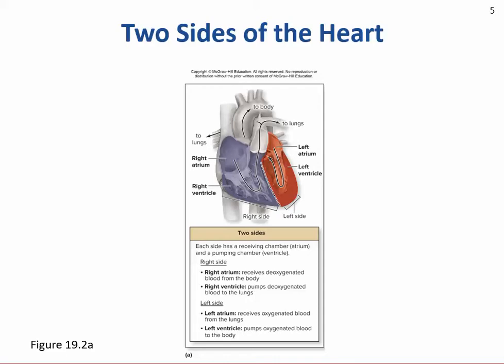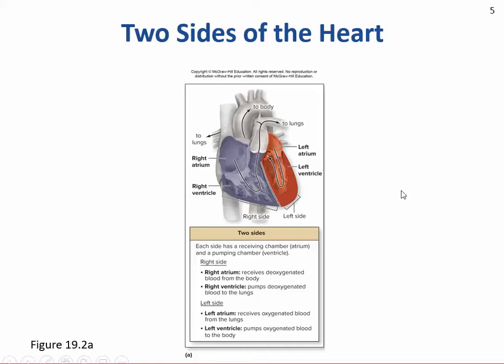And really what we have is 2 side-by-side pumps that are pushing a circuit. When we talk about the heart, we talk about the right side, which has the blue deoxygenated blood in it, and the left side, which has the red oxygenated blood in it.